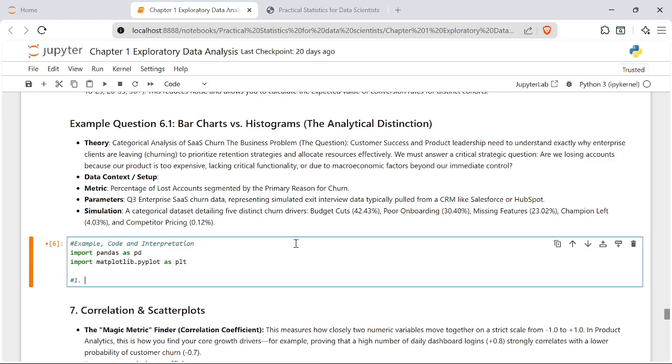So one, simulated data: enterprise SaaS churn reasons, percentage of lost accounts.